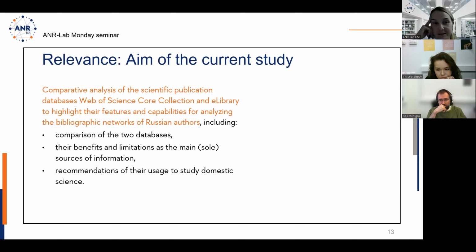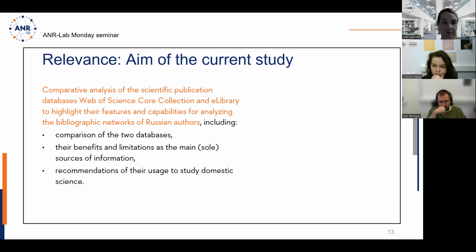In the study which I'm presenting today, we decided to make a comparative analysis of the scientific publication databases Web of Science and eLibrary. We wanted to look at the features and capabilities of both of these databases in terms of analysis of bibliographic networks of Russian authors.